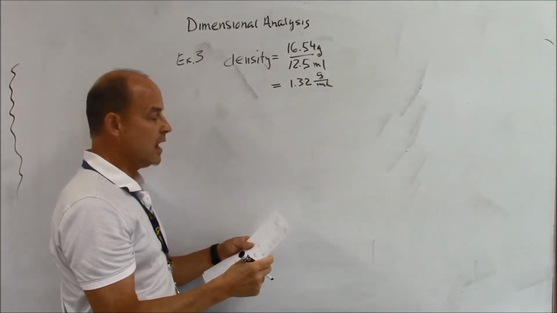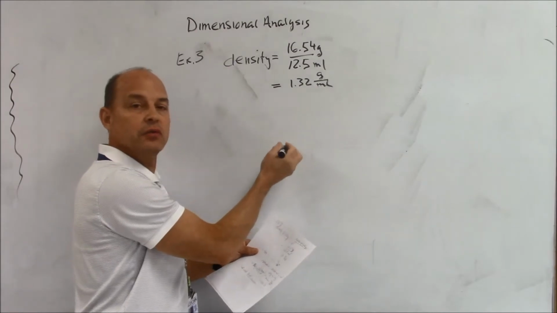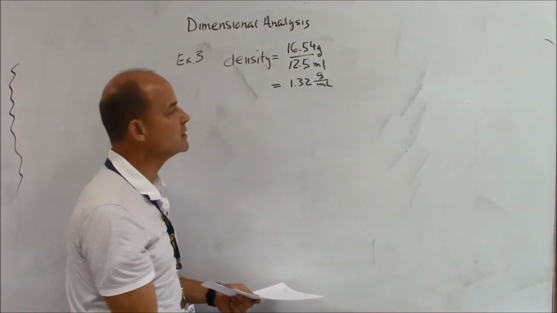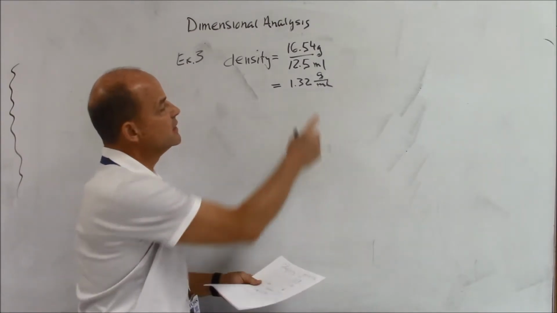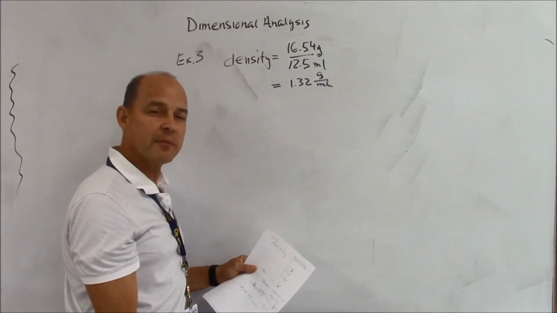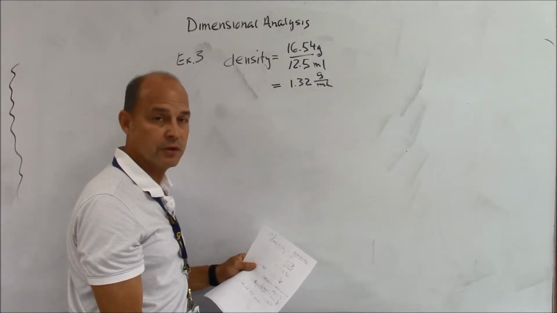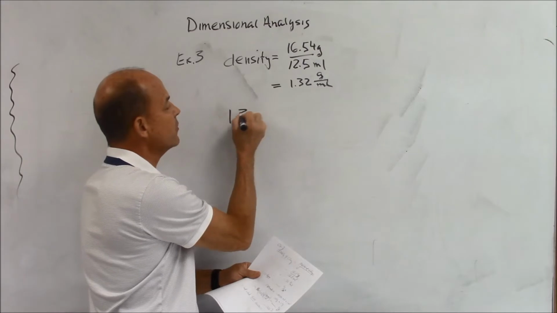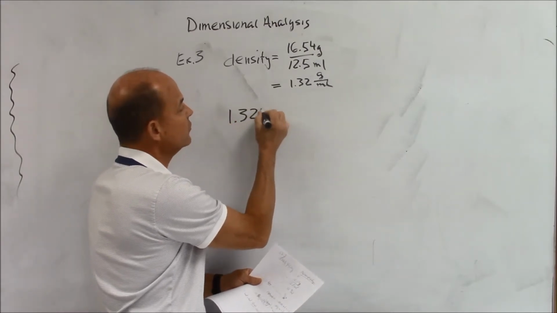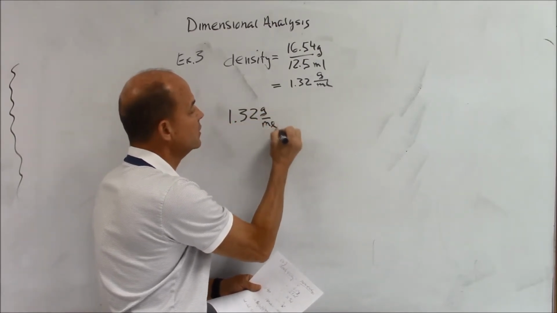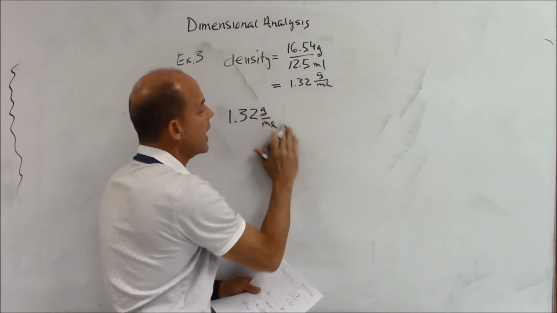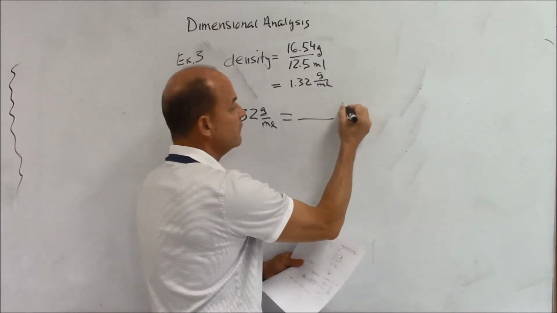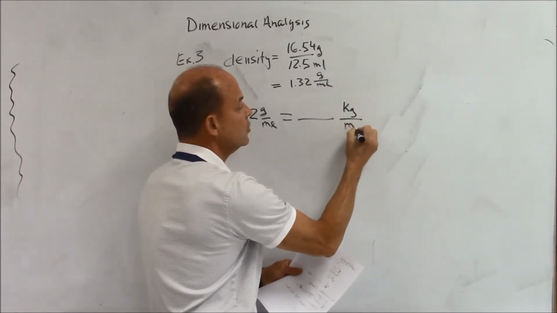Okay? Now, then you went on the internet and you looked up some values, and you found a really great website that listed the density of all the clays, but it gave you the density in kilograms per meter cubed. Uh-oh. But what you're really asking, this is the same problem that we've had before. You've got 1.32 grams per milliliter, and what you're asking is, what is that equal to in terms of kilograms per meter cubed?